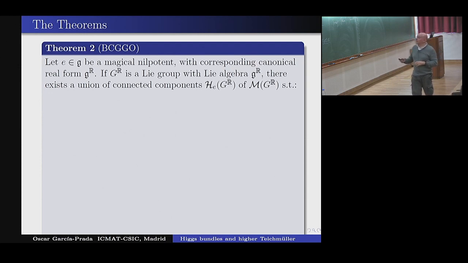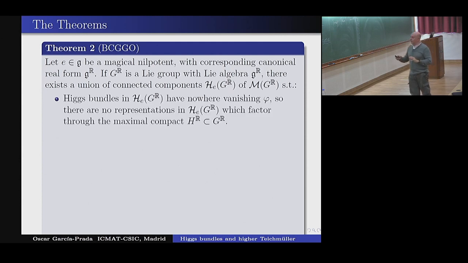So the one property is that if E is a magical nilpotent with corresponding canonical real form, remember that I said that a magical nilpotent determines a real form, then if GR is a Lie group with Lie algebra gR, there exists in the moduli space for that real group a union of connected components determined by that nilpotent element that satisfy these properties.